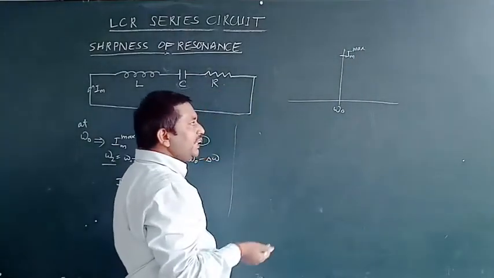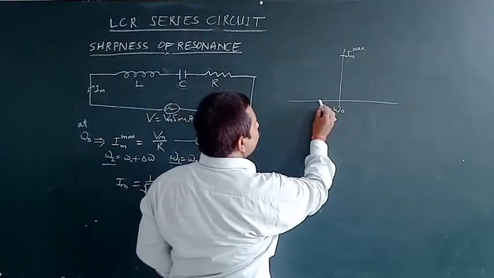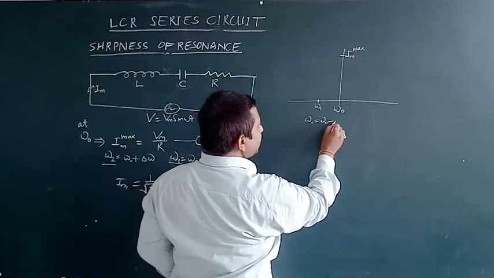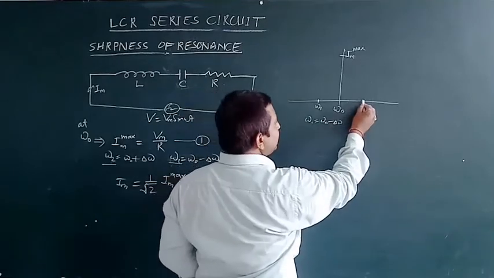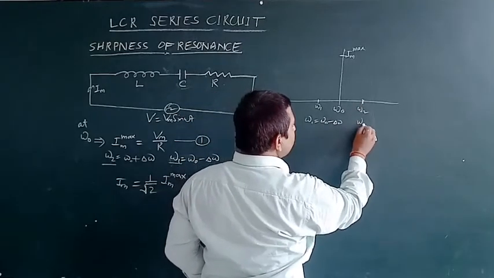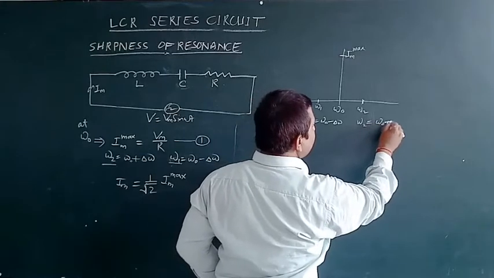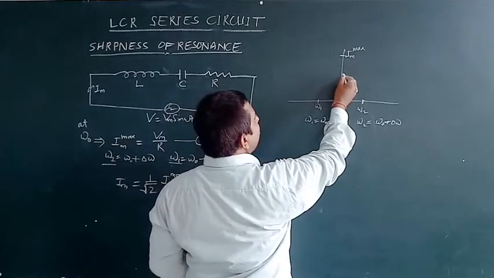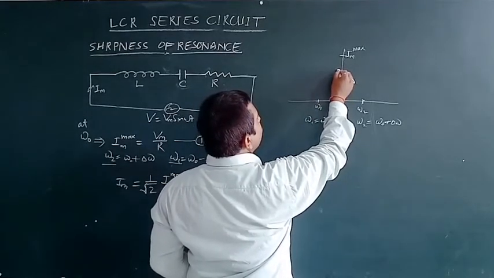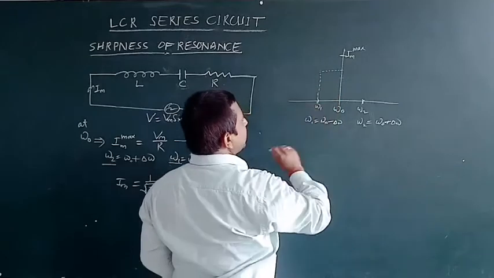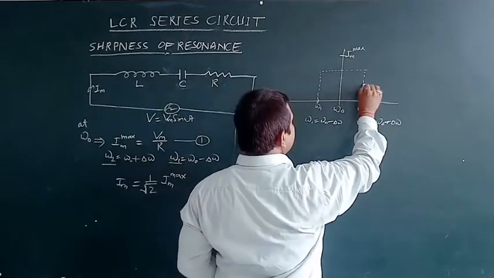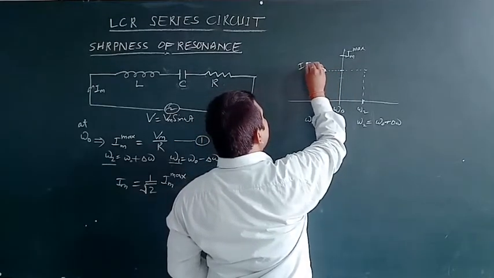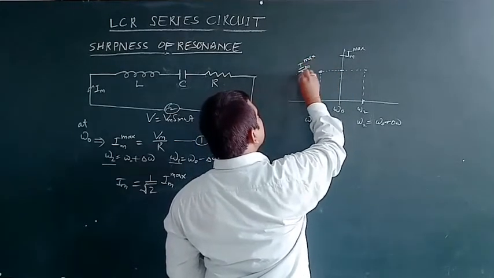If we take two slightly different frequencies, one is omega 1, that is omega naught minus delta omega, and the other is omega 2, slightly greater than omega naught, at these two frequencies the current becomes Im max by root 2.